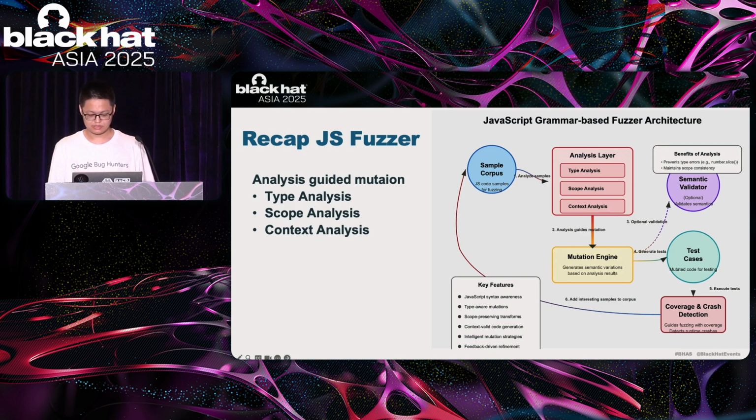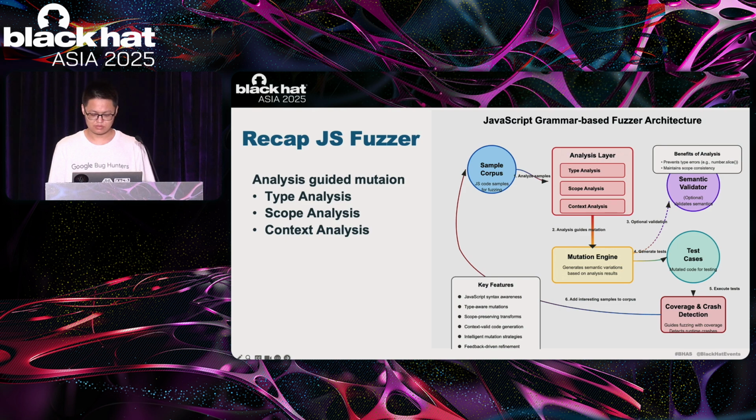Purely random mutations often lead to code that fails basic syntax checks or contains semantic errors. For instance, random changes might result in invalid type operations like treating a string as a function, or accessing variables in the wrong scope, such as referring to undefined variables. These mutations are many but not useful.